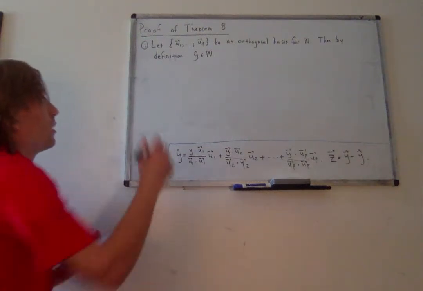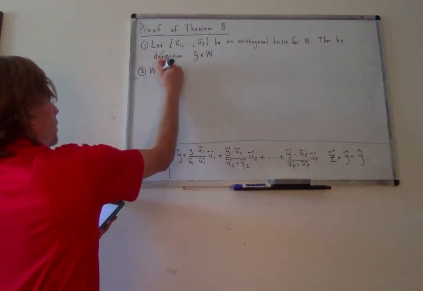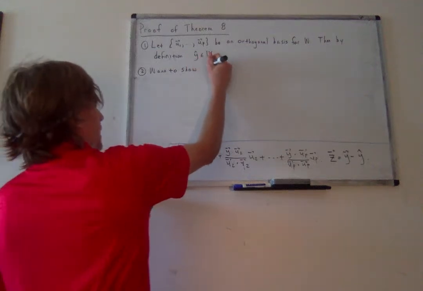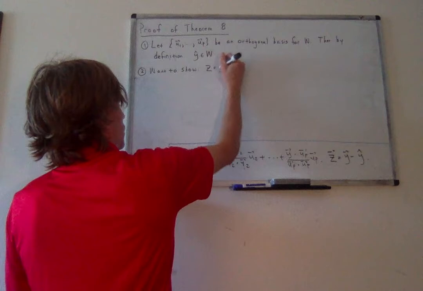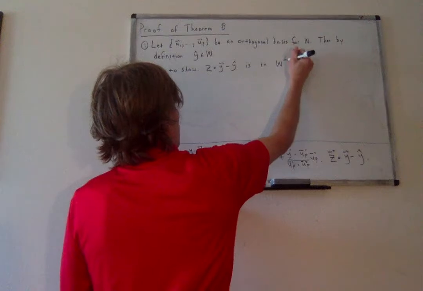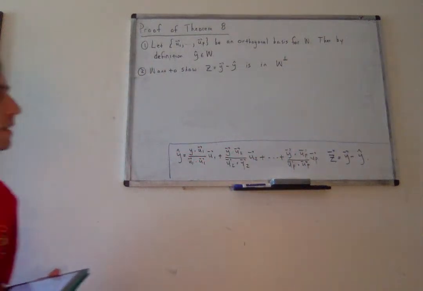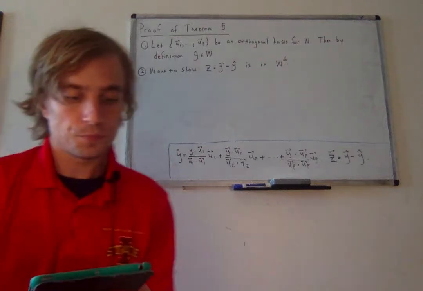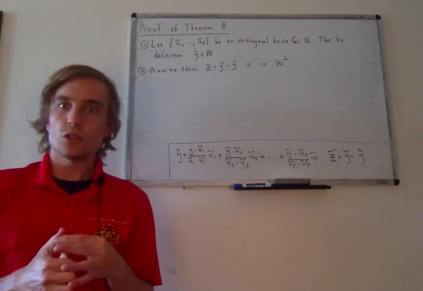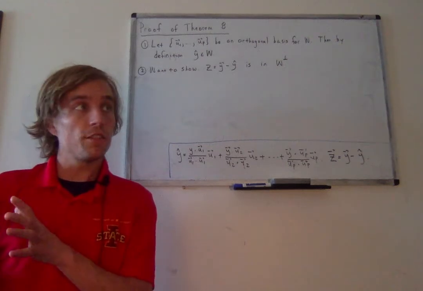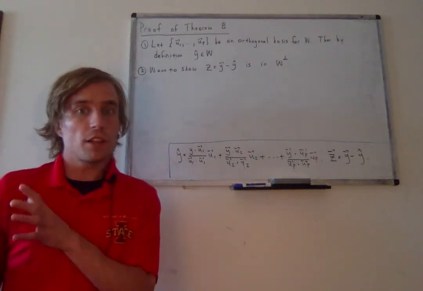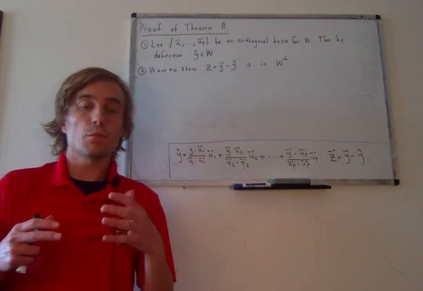So next we want to show that z, which is equal to y minus y hat, is in W perp. Or maybe a better way of saying that, z is orthogonal to every vector in W. So remember I talked about this idea when we introduced orthogonal vectors, that if we wanted to show that one vector was orthogonal to an entire subspace, it suffices to show that that vector is orthogonal to an entire basis for that subspace.